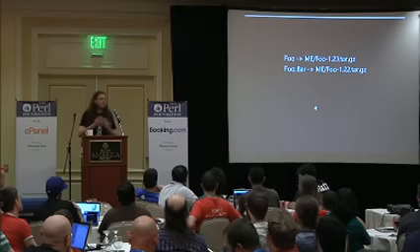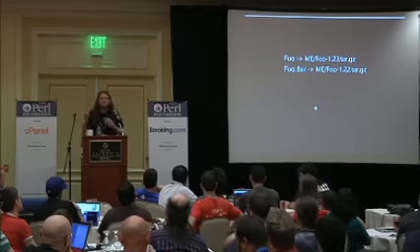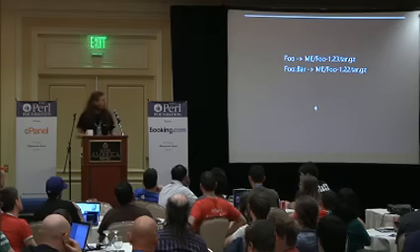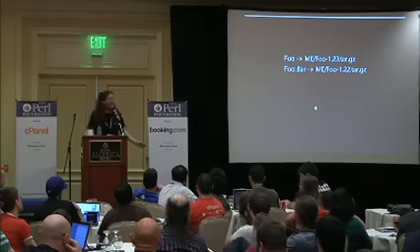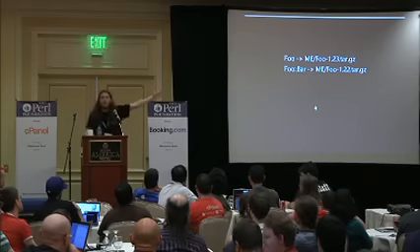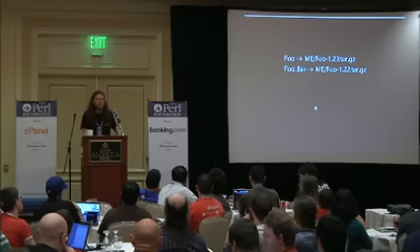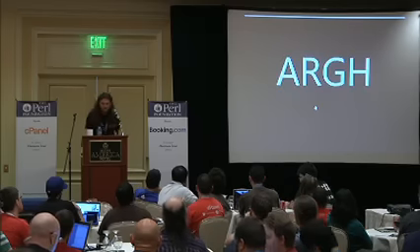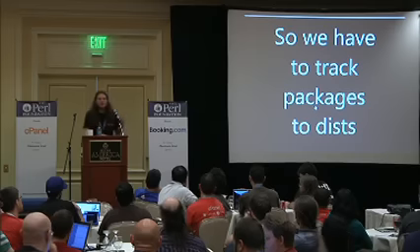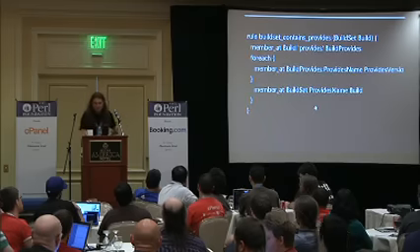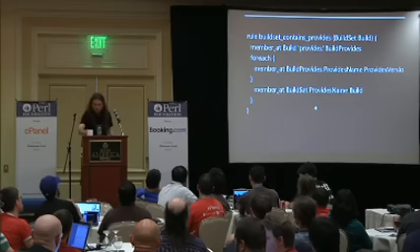And since packages can move around between distributions, and there's no actual true concept of a distribution name, the only uniqueness on CPAN is the complete path, including the author name and the name and version. So you can't do uniqueness across distributions. You have to do it across packages. So you have to track packages to dists.